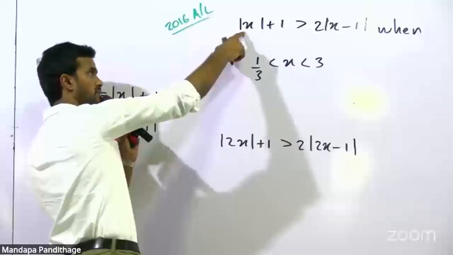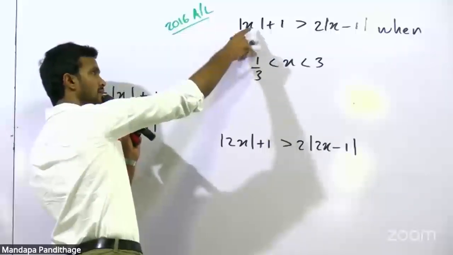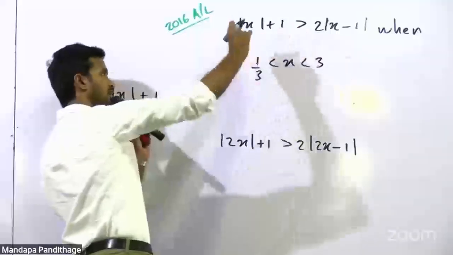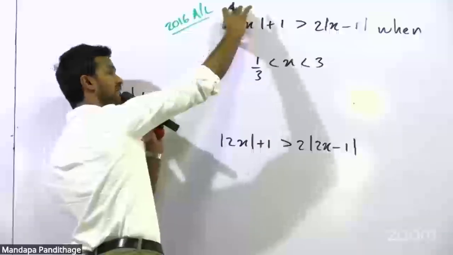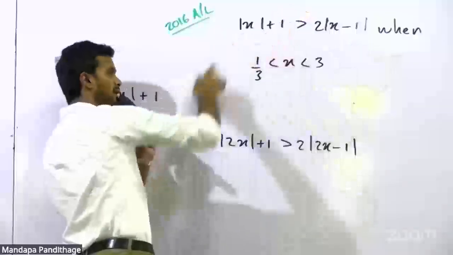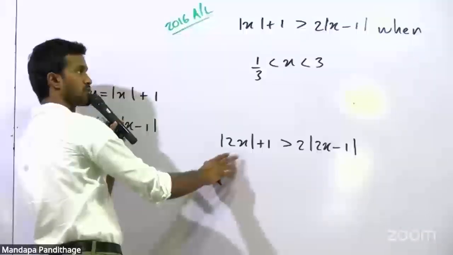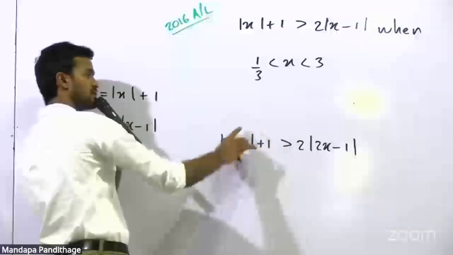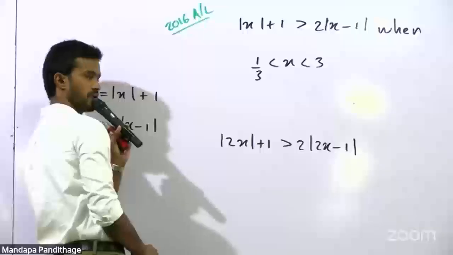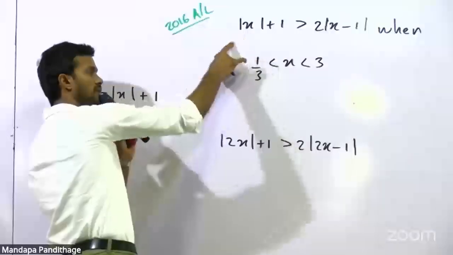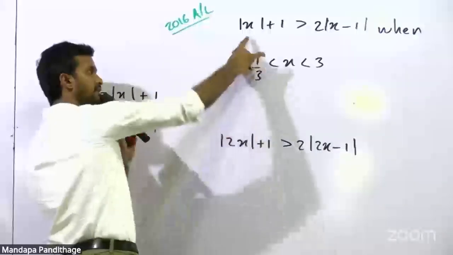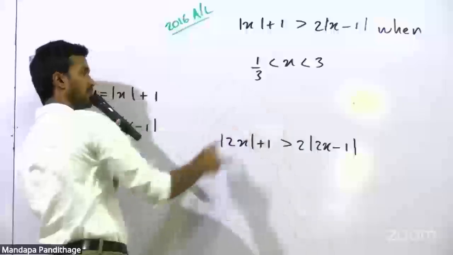And then you need to think about a substitute. You need to think about a substitute that will convert this inequality up to this inequality, because you are supposed to solve this inequality. You are not supposed to solve that inequality. Okay, so here you need to think about a substitute that will convert this inequality up to here.